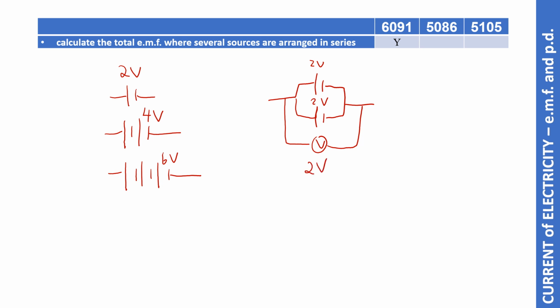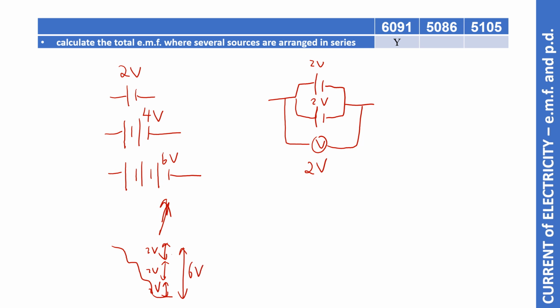If you use the analogy of water slides, the 6 volt battery will be like 3 water slides, one after another. Each one is 2 volts, and you set up a total potential of 6 volts, right?